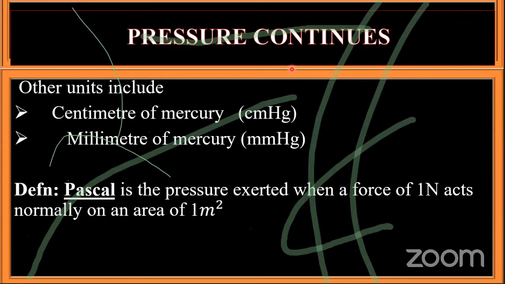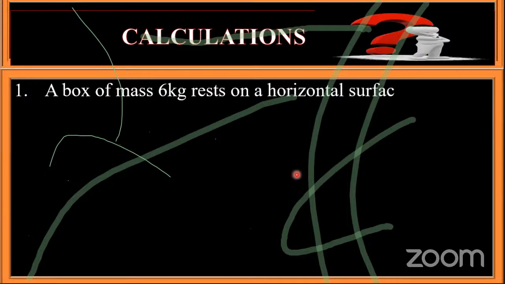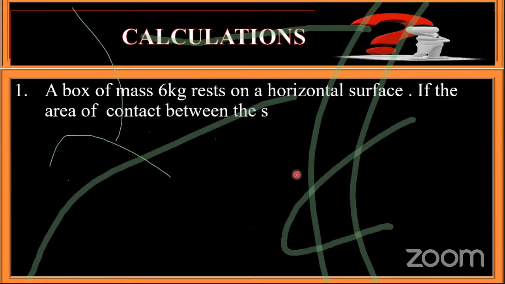Good. Let us go to the calculation bit of it. Calculation number 1. It says a box of mass 6 kilograms rests on a horizontal surface.